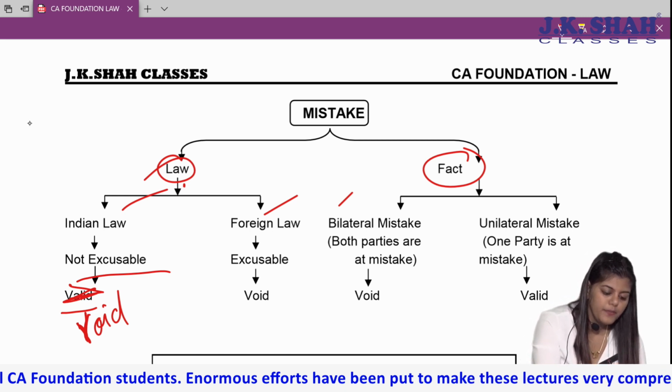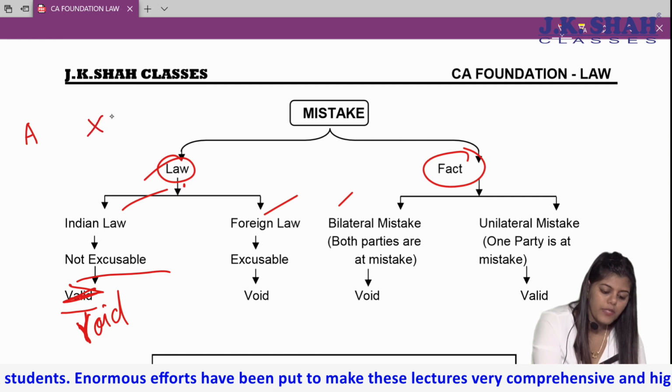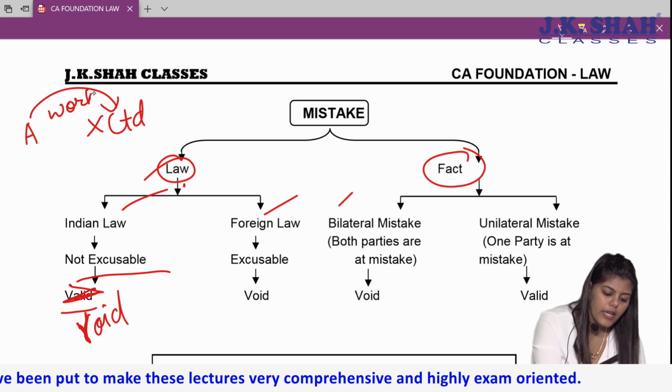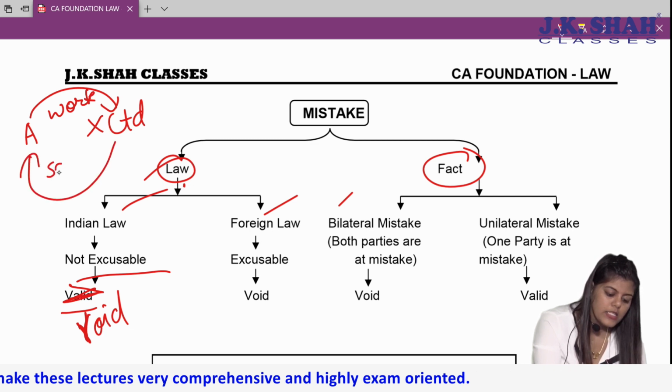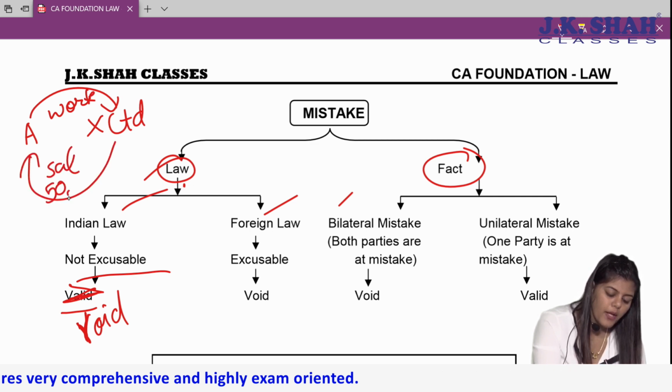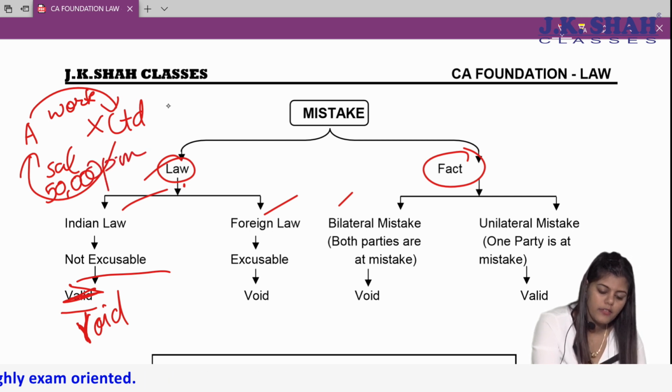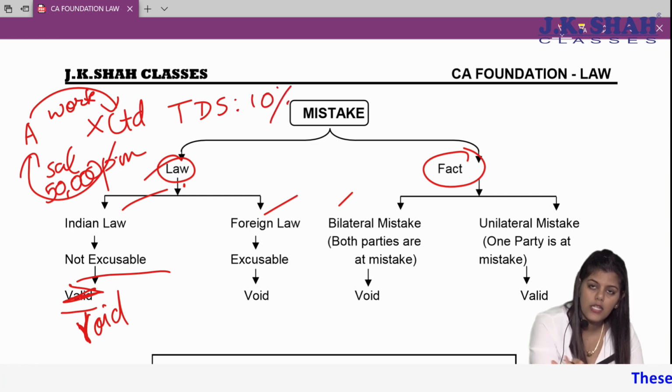So for example, A joined a company, X Limited. He's working for the company and X Limited is giving him a salary of 50,000 a month. Let's say as per the Income Tax Act, tax to be deducted is 10% TDS. Just an example.